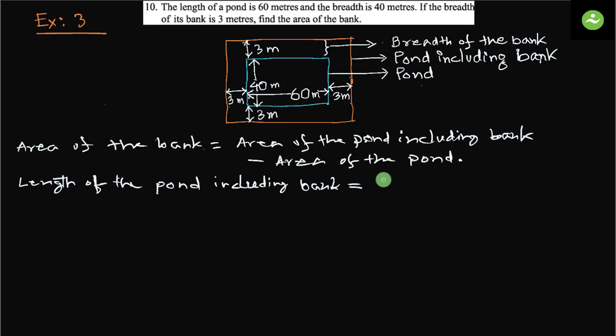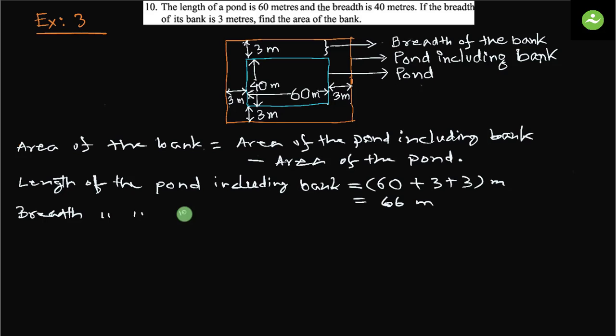Okay. So it is 60 plus 3 meter equals to 66 meter. Now, what about the breadth?